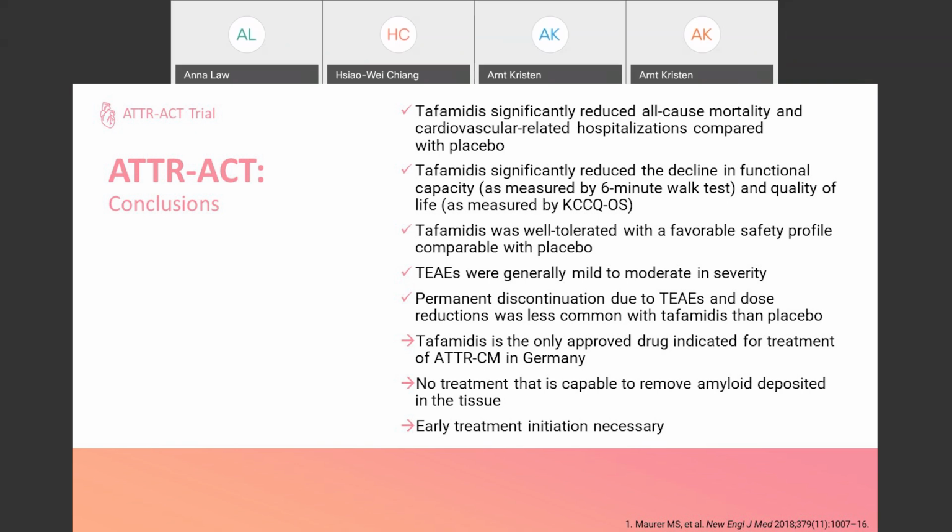And tafamidis is the only approved drug indicated for treatment of ATTR-CM in Germany right now. And as there is no treatment available that is capable of removing amyloid deposited in the tissue, it is very important to diagnose the patients as early as possible, and also important to initiate treatment as early as possible. Thank you very much for your attention.